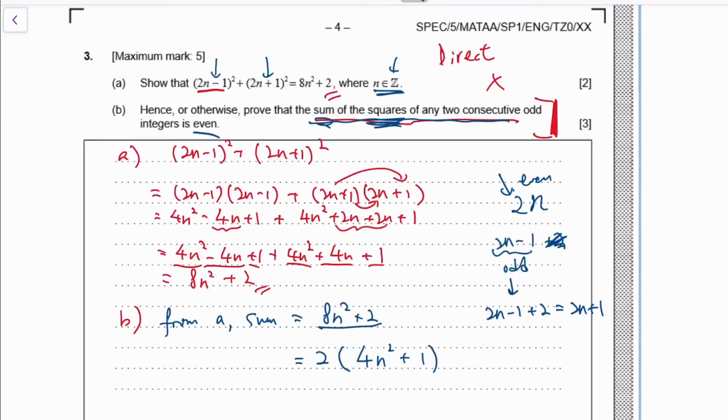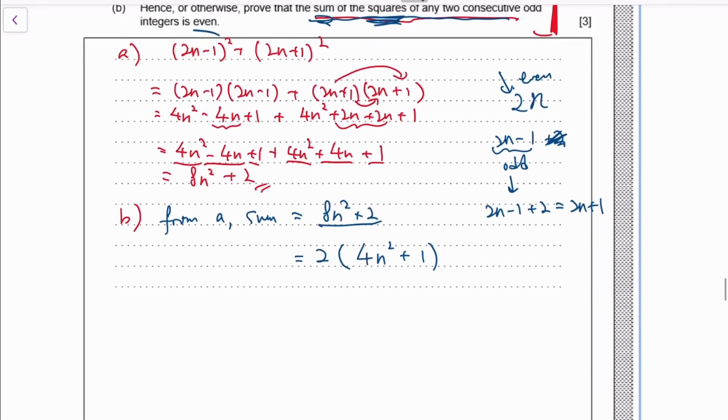If n is an integer, then n squared is still an integer. If n squared is an integer, 4 times n squared is still an integer. Integer times 4 is an integer. And then you add 1, that's still an integer. So this is an integer. Okay? So this is even, as 4n squared plus 1 is an integer.